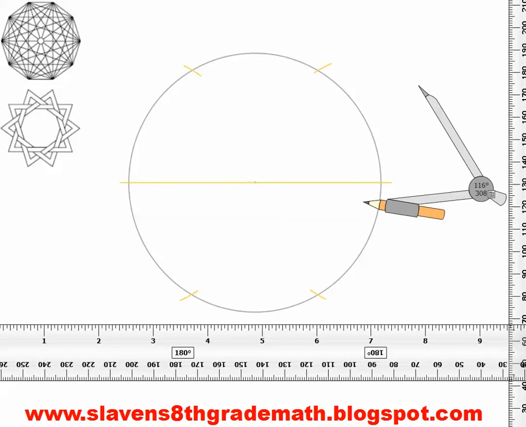Oh, it's white. So I'm connecting this point of intersection, this point of intersection, this point of intersection with this point of intersection. And I think I may have been a little bit off, so I'm going to do it again, just because accuracy is really super important in this.